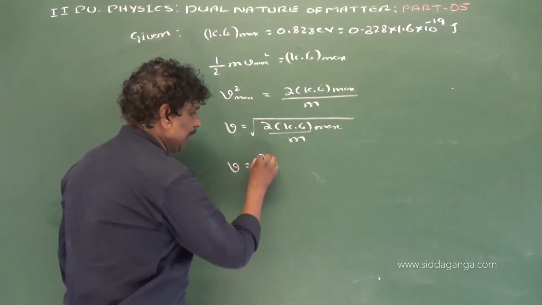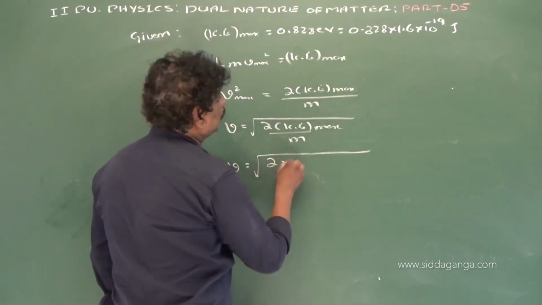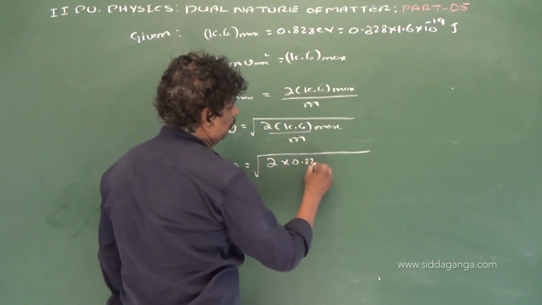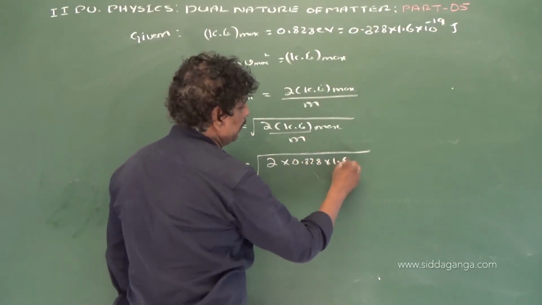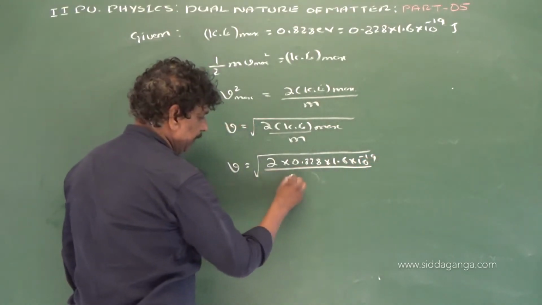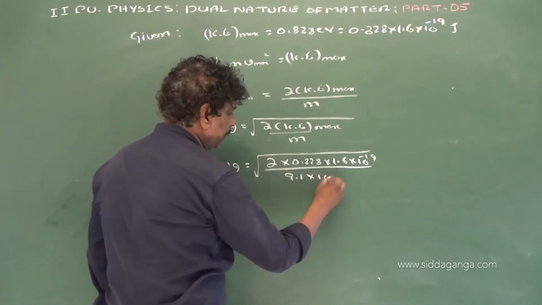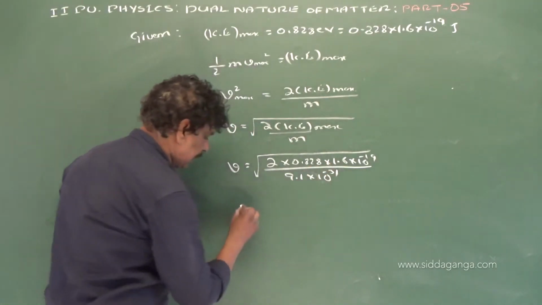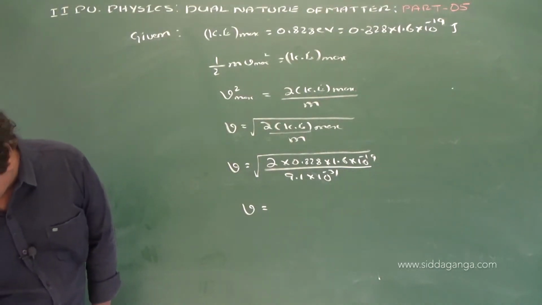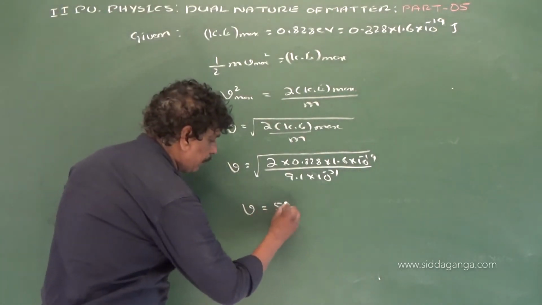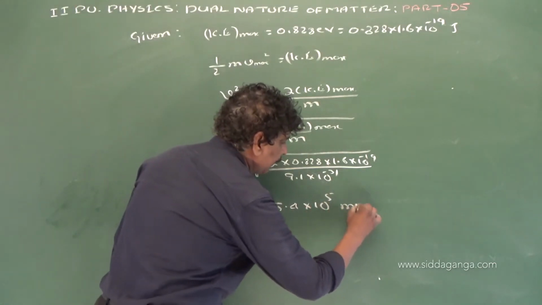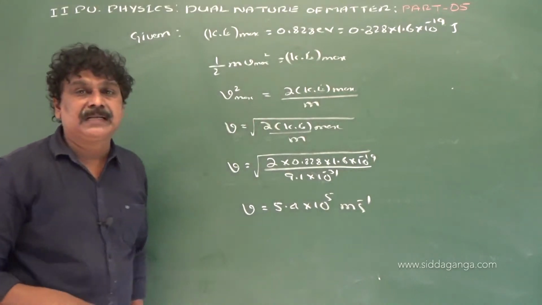So V is equal to square root of 2 into 0.828 into 1.6 into 10 power minus 19 divided by mass of electron 9.1 into 10 power minus 31. You calculate that, V comes out to be 5.4 into 10 raised to the power of 5 meter per second.